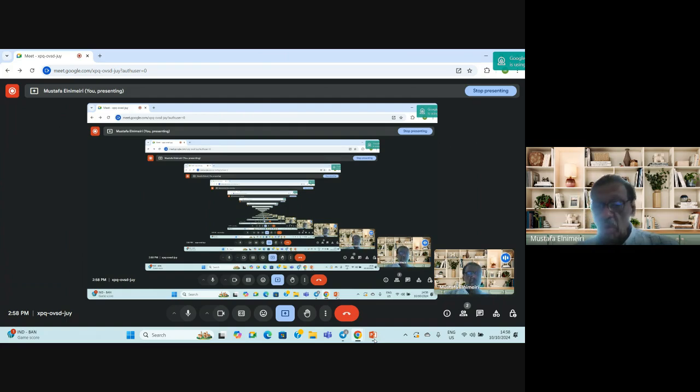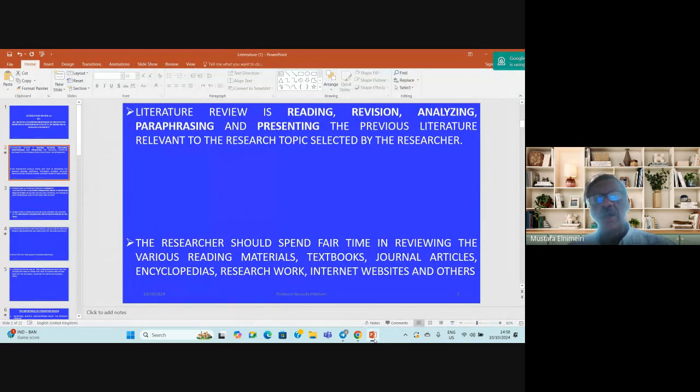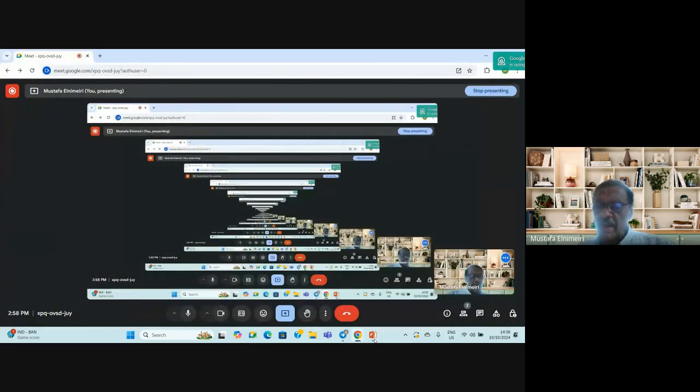But it is a process in the sense that you start with in-depth reading, revision, reviewing, carrying out some sort of analysis, and then paraphrasing, and then eventually presenting it in a chapter, whether in a proposal, for example, in the background or the introduction, or a separate chapter in the final thesis, or in the discussion if you are discussing your results in an article or in a thesis.